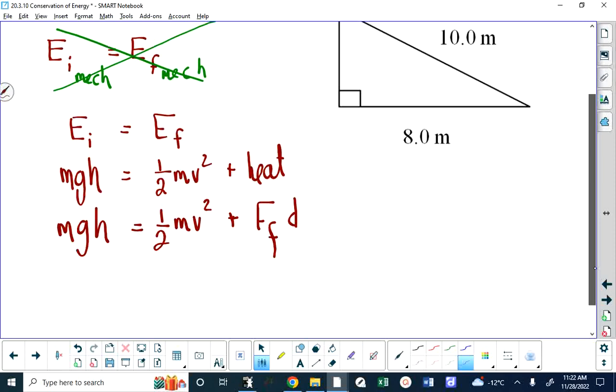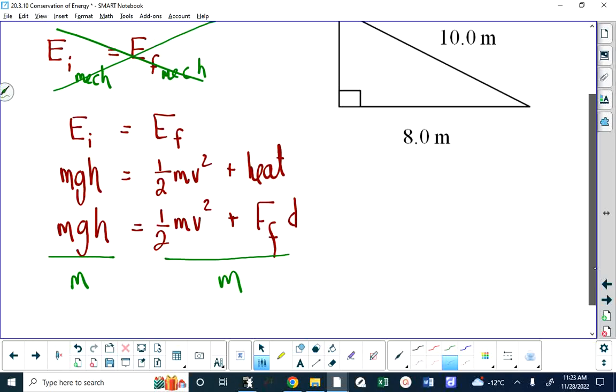Can I cancel those masses? No, I can't. When you cancel masses, what you're really doing, don't write this down, is you're dividing both sides of an equation by m. I can't divide the force of friction times the displacement by m.